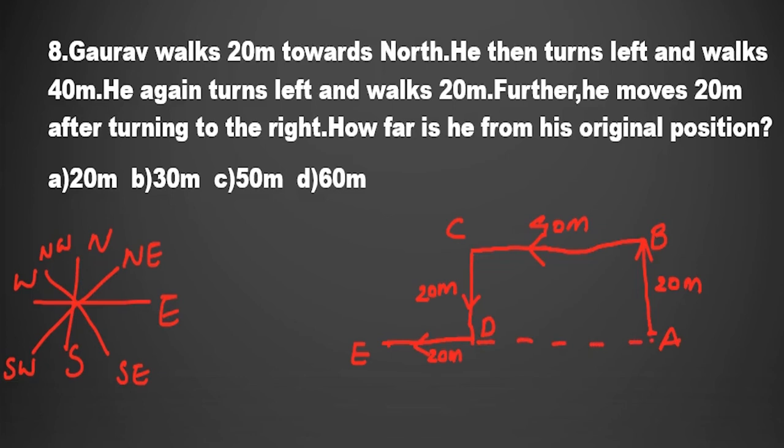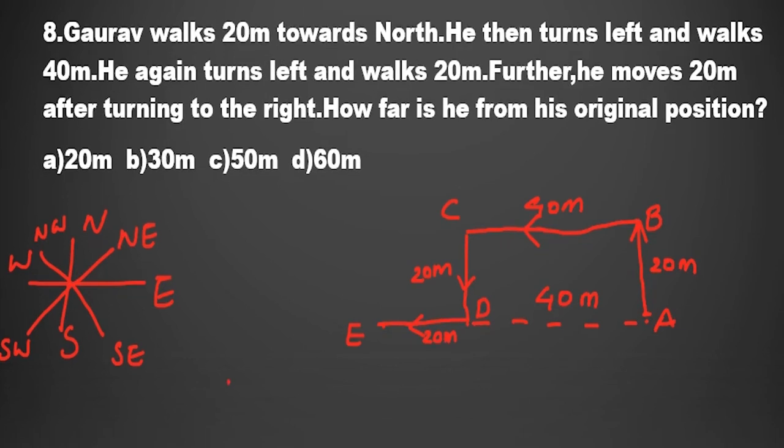We know that DA is equal to BC, that is 40 meter. Then Gaurav's distance from his initial point A is given as AE is equal to AD plus DE.